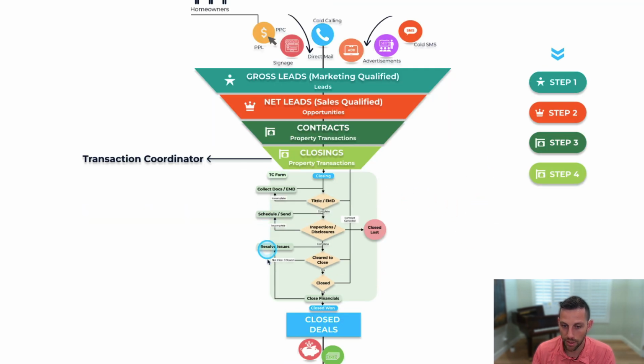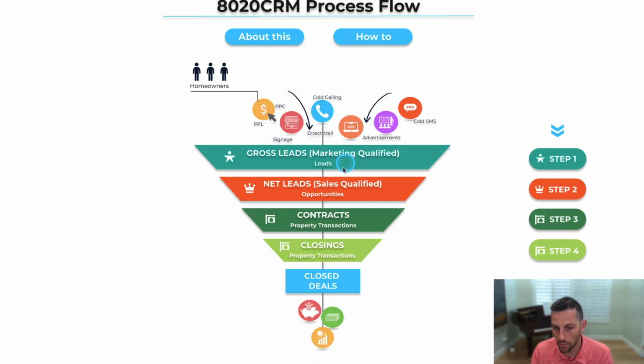And you'll see there's a process built out for our transaction coordinators to work through the closing process, both the acquisition and disposition closing process. It may be a single close wholesale, or it may be a double close, creative financing, any sort of different terms can all be handled from this transaction coordinator form. And then of course we get it closed out and we have our revenue generated from that deal.